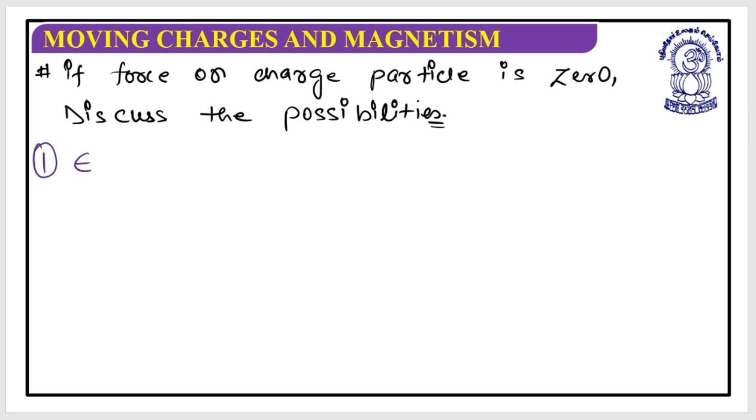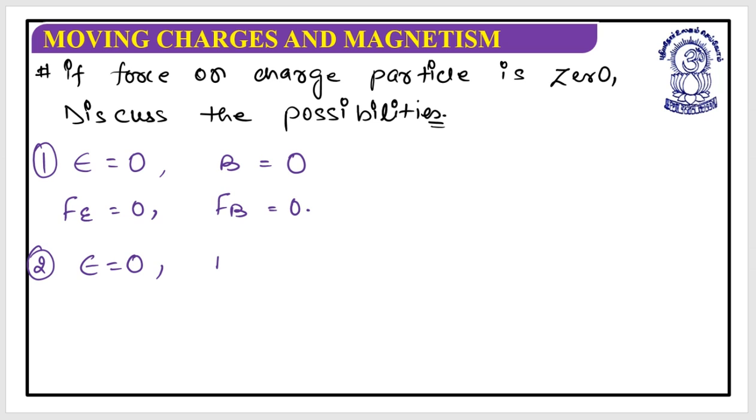First thing is, let's say the electric field is equal to 0. So if the electric field is 0, the electric force would be 0. Let's say the magnetic field is 0, that means FB would be 0. So this is the first case when the force on the charged particle is 0. When I say force, I mean electric force plus magnetic force. This is possible. The second possibility is that the electric field equals 0, but the magnetic field is not equal to 0.